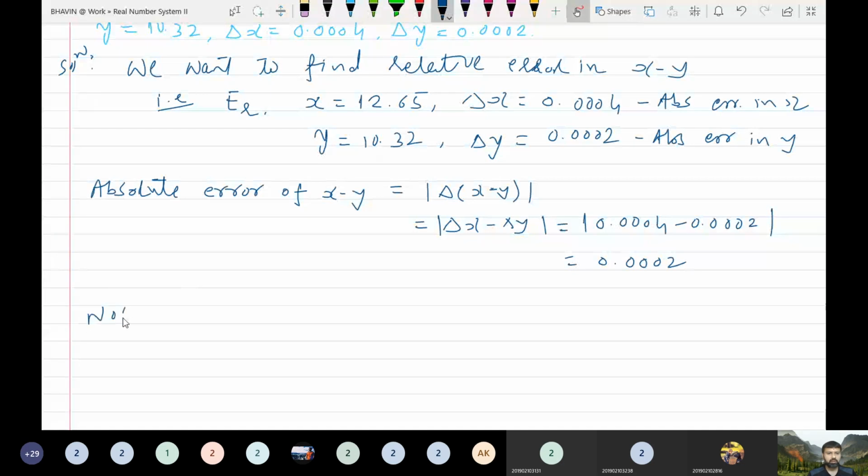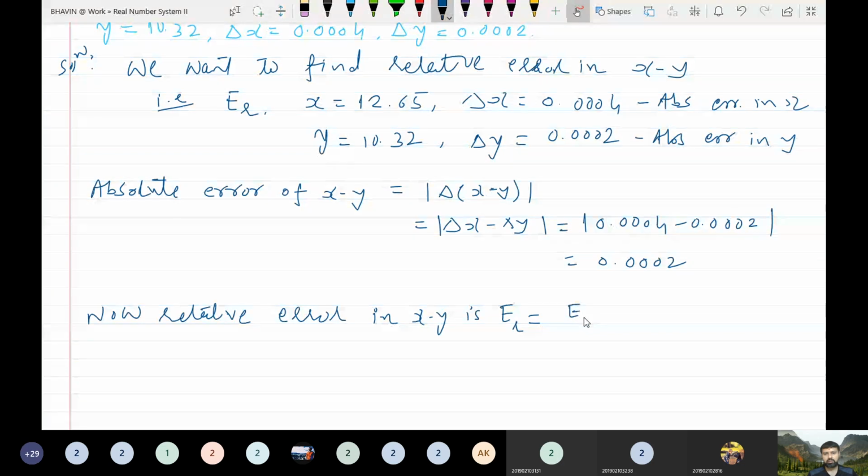Now relative error in x minus y is given by absolute error upon its true value. True value of x minus y is just x minus y.